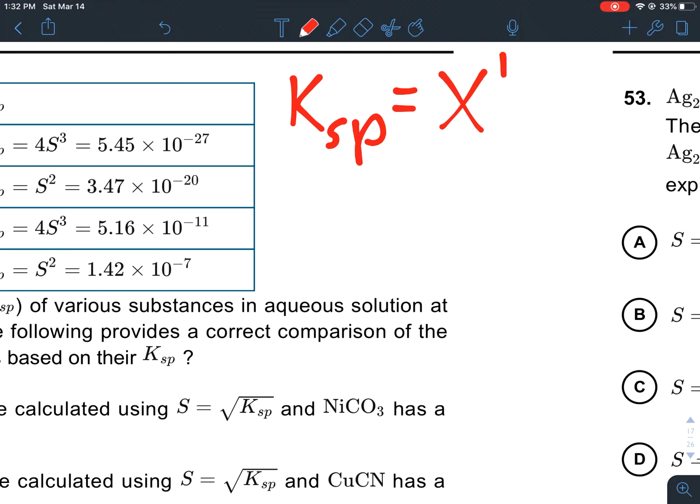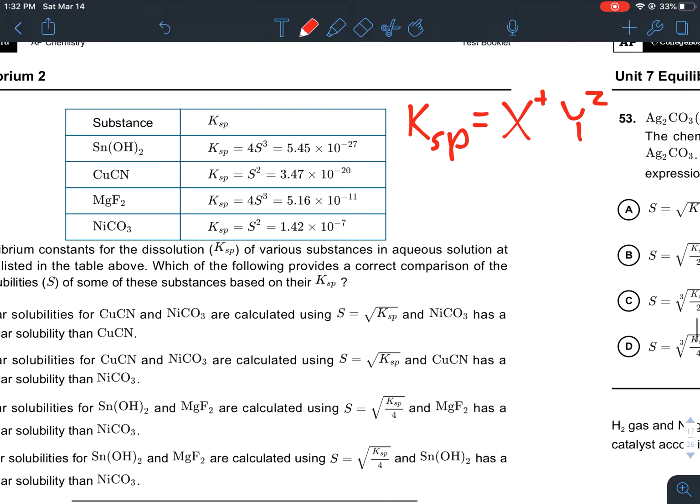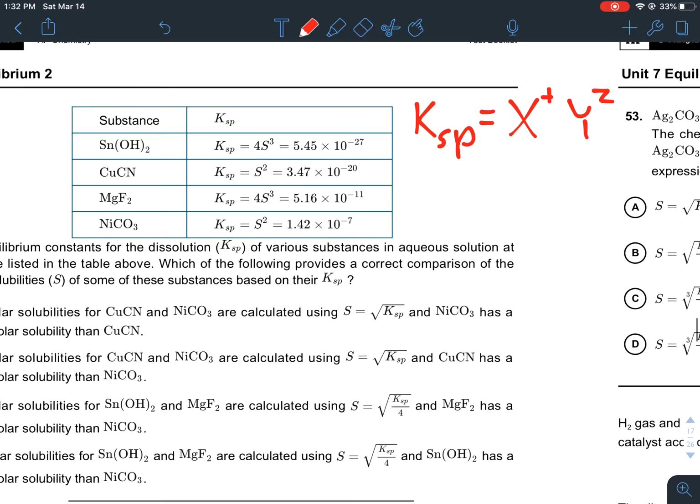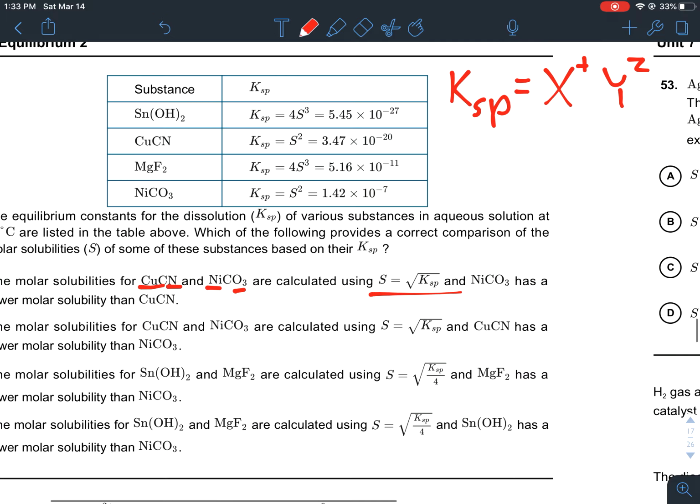how many moles of your positive ion and your negative ion are going to be dissolved. Now, look at number 1. It says the molar solubilities for CuCN and NiCO3 are calculated by this. That's true, because look, this is your Cu2 plus, this is your CN minus, and these are both the same number, right?